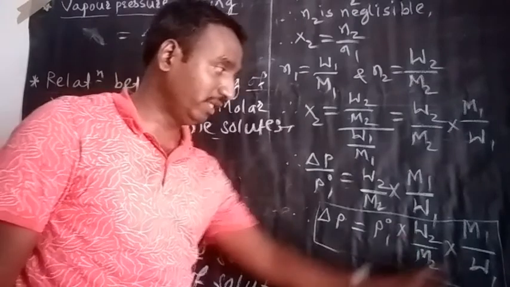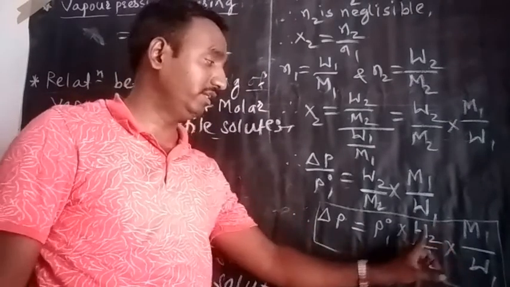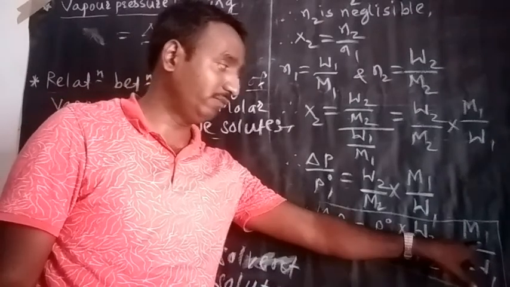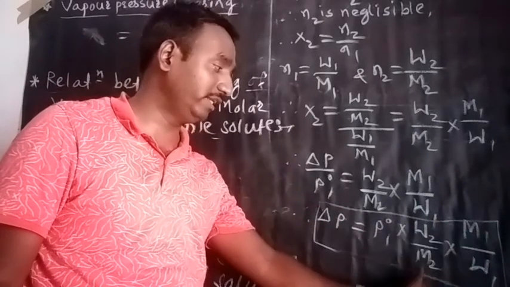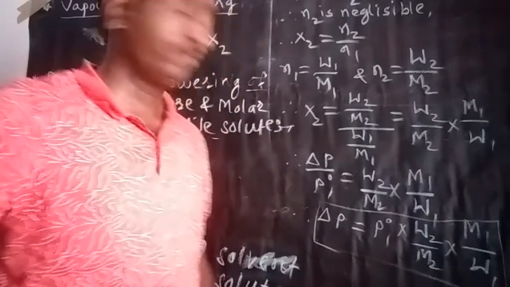Here W1 is the given mass of the solvent, W2 is the given mass of the solute, M1 is the molar mass of the solvent, and M2 is the molar mass of the solute.